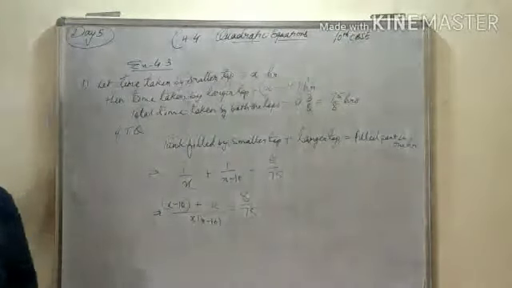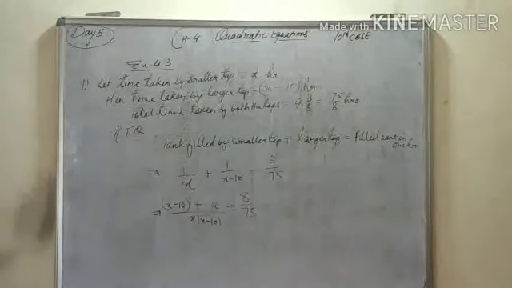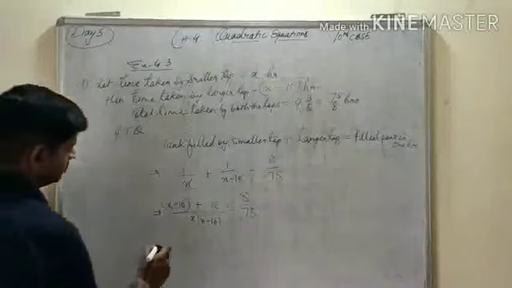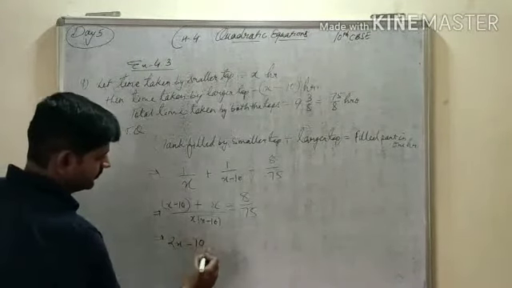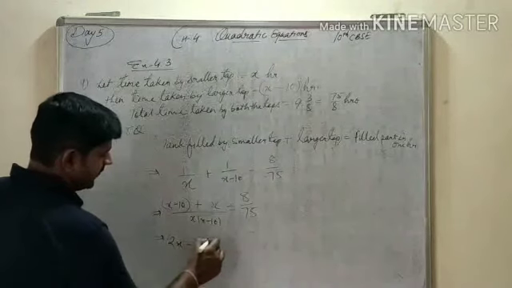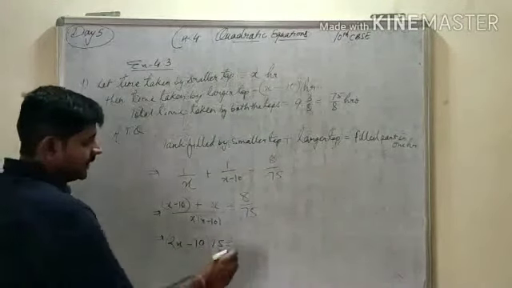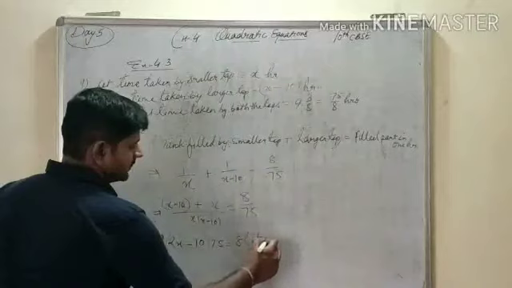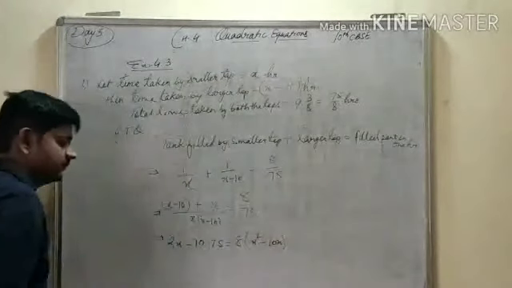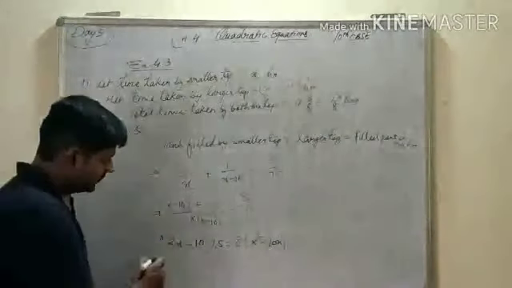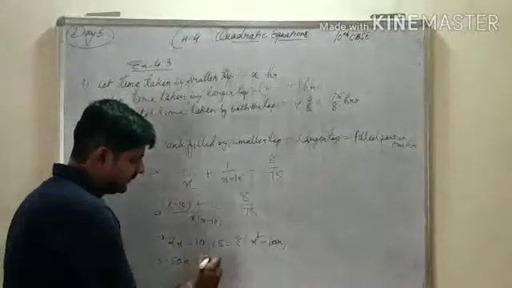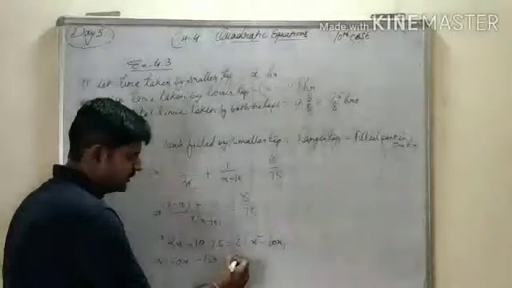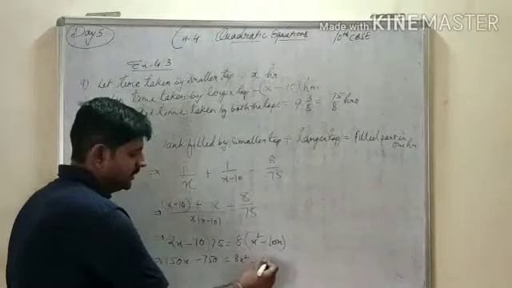Now we can add x and x, there will be 2x minus 10 into 75, and 8 into x square minus 10x. If we multiply, there will be 150x, this is 750, this is 8x square and 80x.